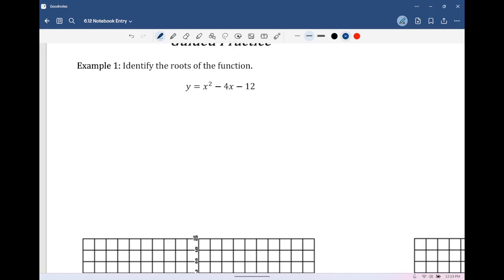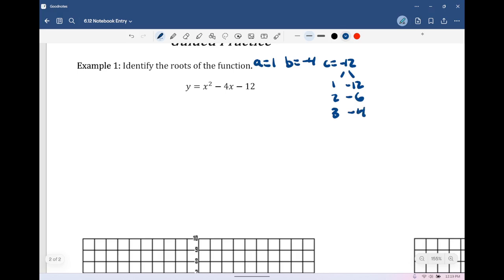What I'm going to start by doing is factoring this. To get from standard form to intercept form, you factor. And so I know I have an a value of 1, b is -4, and c is -12. Now, c is negative, and so the signs have to be different, and then the larger factor matches b. Okay, so the larger factor is negative. So 1 and -12, 2 and -6, 3 and -4.